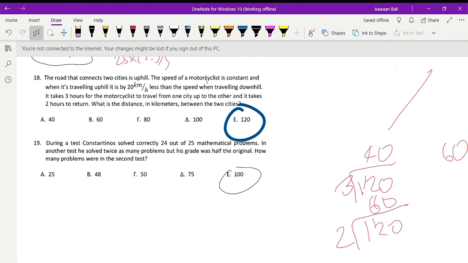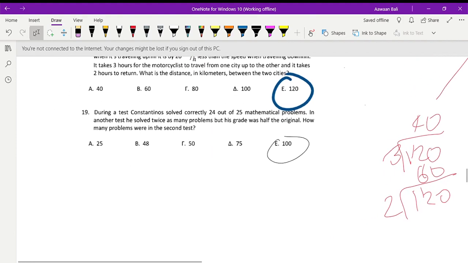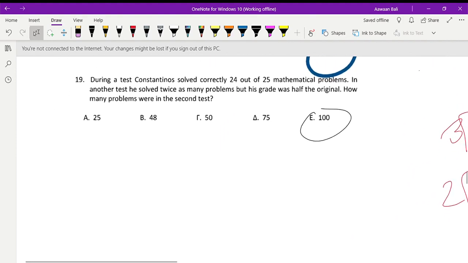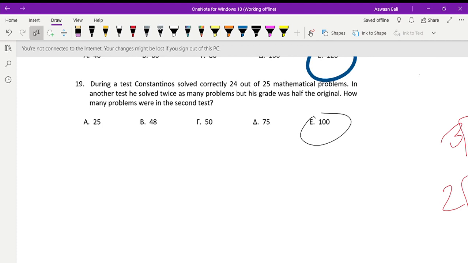That also works, since 60 times 2 is 120, and the difference between the two speeds is 20. So therefore, the answer is eta, 120. Definitely. So, question number 19. During a test, Costantino solved correctly 24 out of 25 mathematical problems. In another test, he solved twice as many problems, but his grade was half the original. How many problems were in the second test?